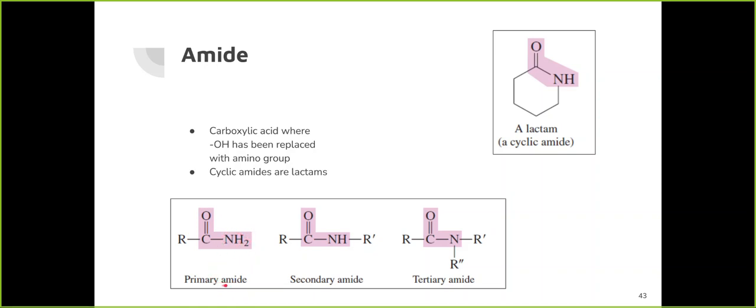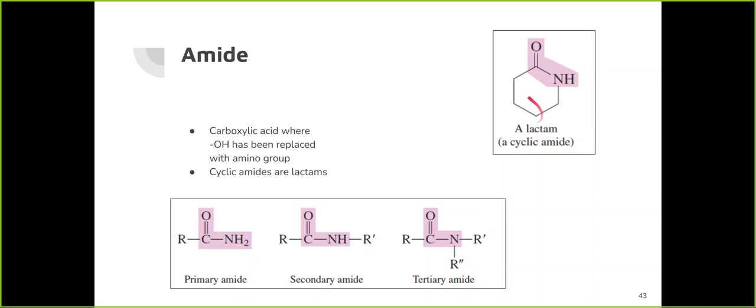A secondary amide would be where you have R-C double bond O, and then another R chain on the nitrogen. And as you could probably guess, a tertiary amide is where you've got essentially three R chains attached to this nitrogen, but this carbon has a double bond O. So this is a tertiary amide.